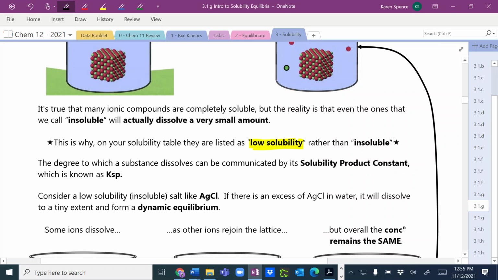The degree to which a substance dissolves can be communicated by its solubility product constant, which is also known as the KSP. And KSP is just a KEQ for a solubility equilibrium.